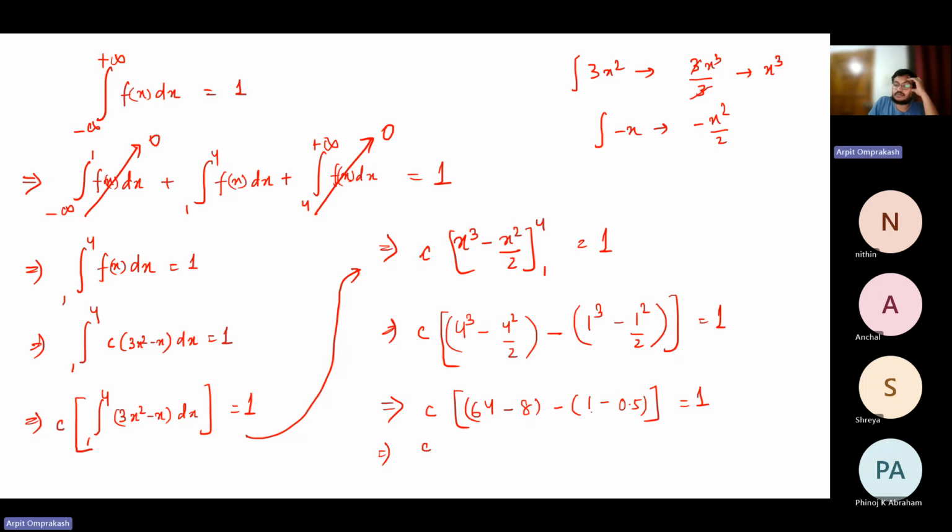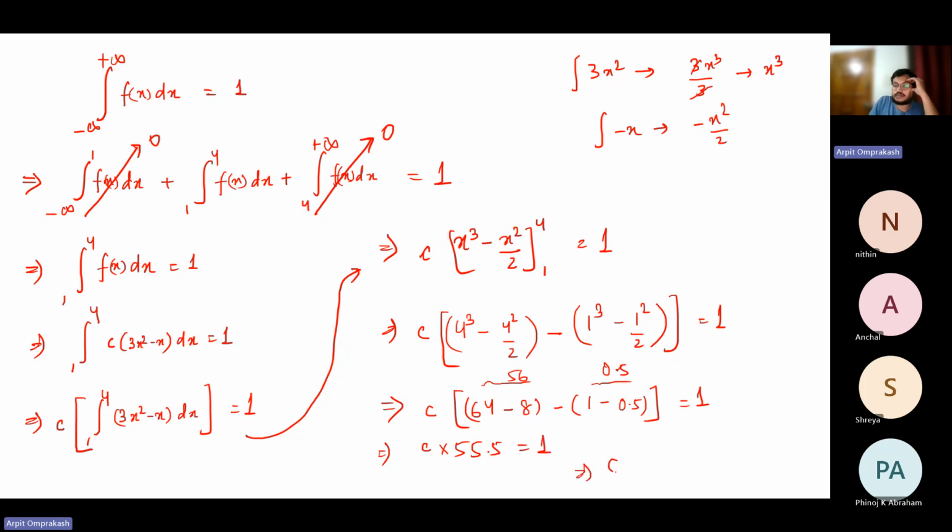Okay. 1 minus 0.5 is 0.5. This is basically 56. So 56 minus 0.5 is 55.5. C into 55.5 is equal to 1.